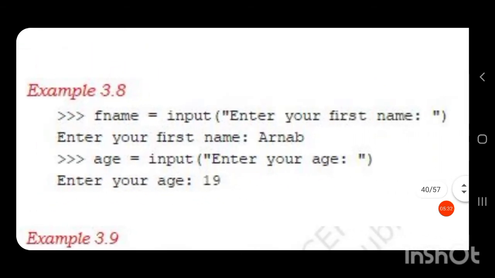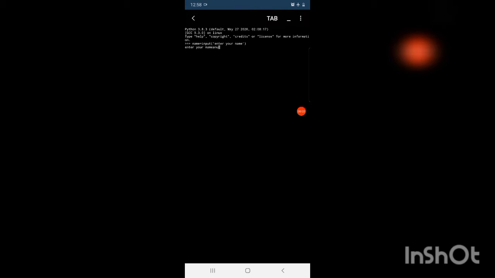So the function of input is to take an input and assign it to a variable on the left side of the assignment operator. So when we execute this and print name, you can see Anu will be printed. Anu is a string. Whatever this input function takes is in the form of a string.